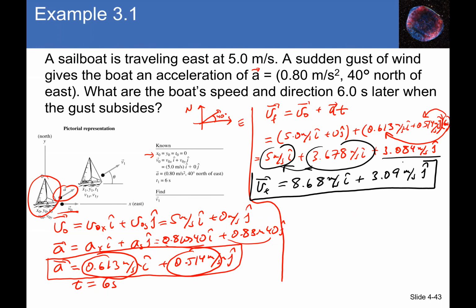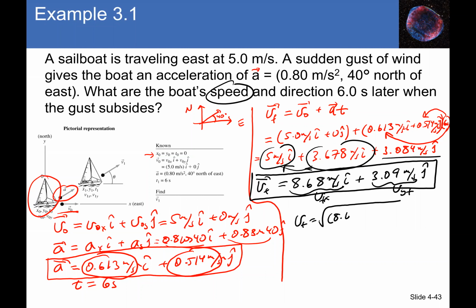So this is the velocity in terms of its components, but we want the speed and the direction. But it's easy now, because remember, this is V final x and this is V final y. Then V final will be the square root of those.